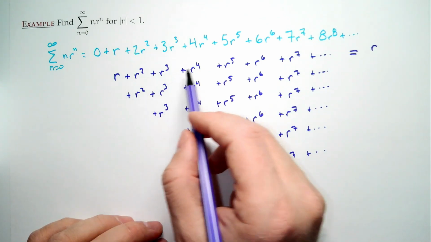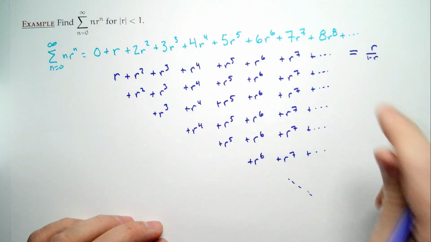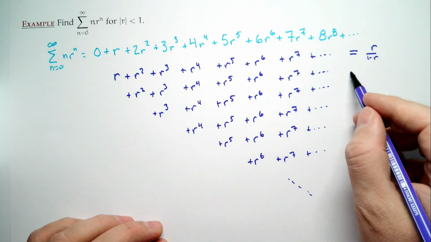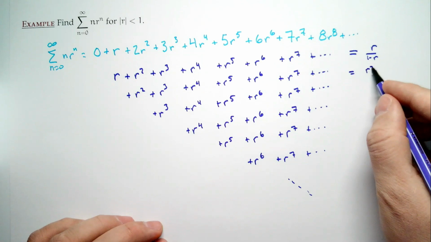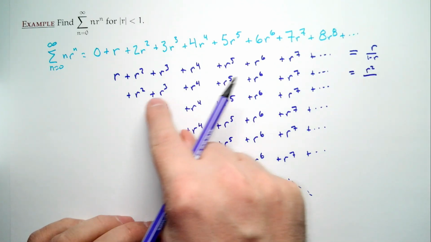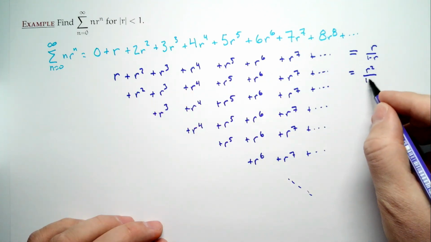Every time we multiply by r, so it's divided by 1 minus r. If we go to the next line, our first term is r squared. What do we divide by? Well, we look at what we multiply. Every time we multiply by r, so again, 1 minus r.